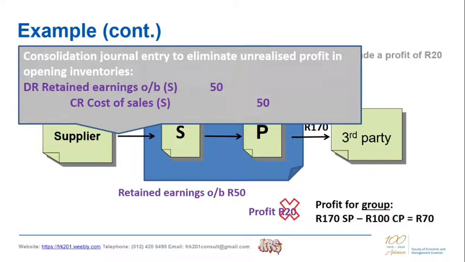In year 2, I have a credit to cost of sales of S to bring that 50 Rand back. That 50 Rand in year 2 is not included in the profit of P or S. It's included in the retained earnings opening balance of S. I don't want it there. I want it in profit for the year. So I write this consolidation journal entry that moves it.